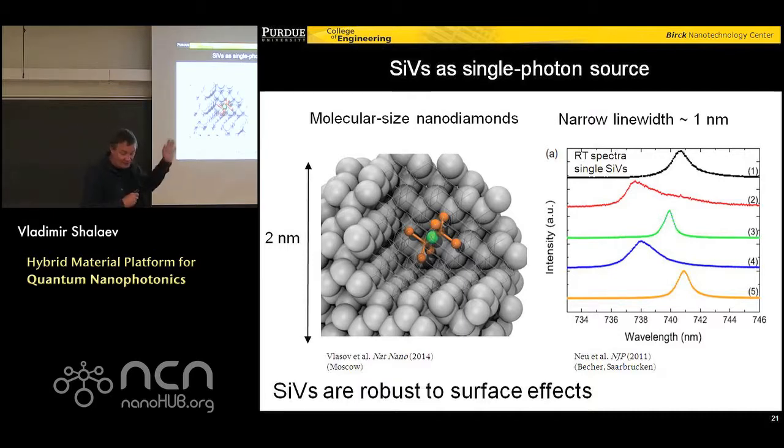In this particular case, you need a very high Purcell factor, at the level of several thousands, to increase the probability of emission of a single photon, so that you would emit several photons within this decoherence time. And it's possible, but for that you would need a really nice plasmonic structure, which can provide a very strong Purcell factor. And that's exactly what we are trying to do, and I'm sure other groups in parallel.